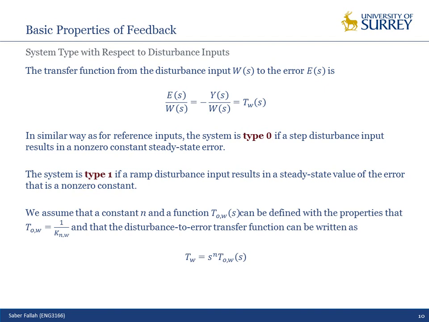Now, we want to see how we can define the system type of a system subject to the disturbance input. We know, hopefully know, the system type from the output to the reference input. We know how to define the system type. If you look at the lecture note, not last week, the week before, I gave you a table.